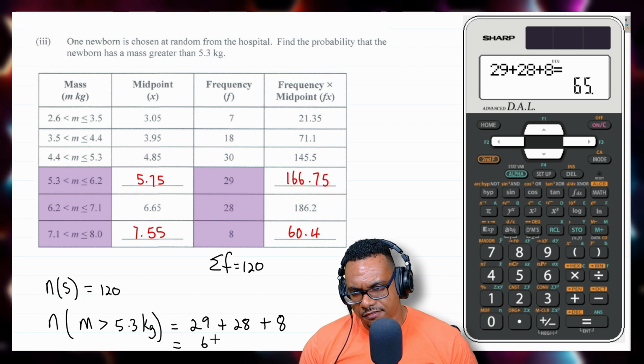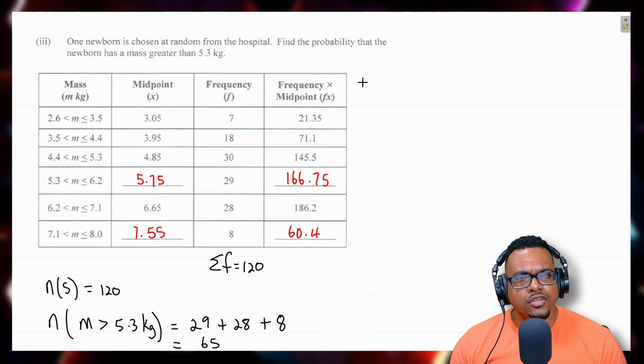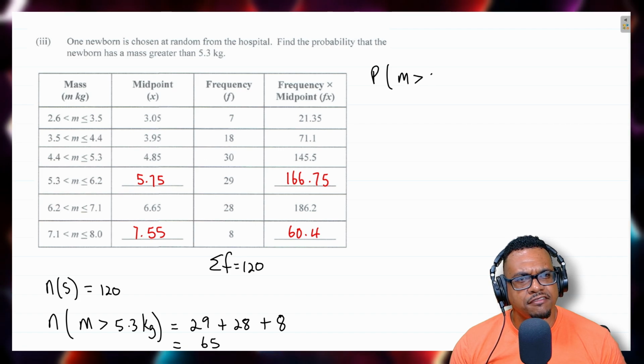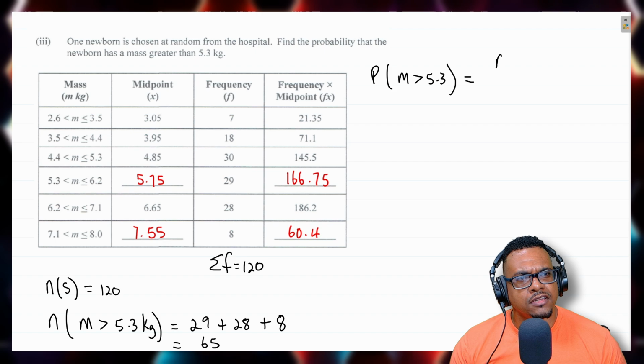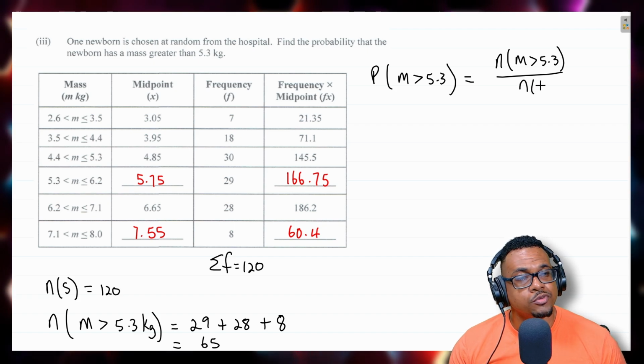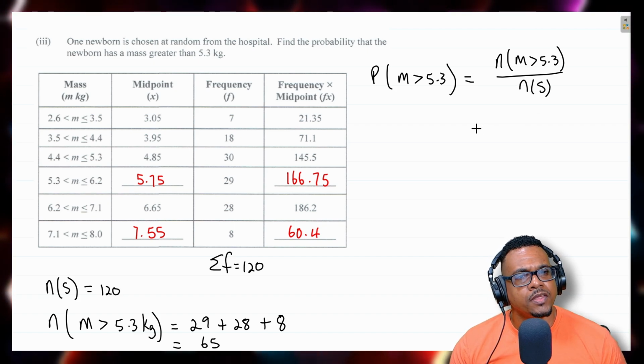So here I'm going to have 65. So now the probability of a newborn having a mass greater than 5.3 kilograms is equal to the number of elements in the set, mass greater than 5.3, over the total number of newborns, which is the total number of elements in the sample space.